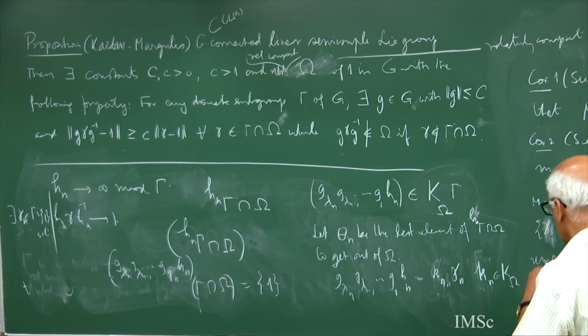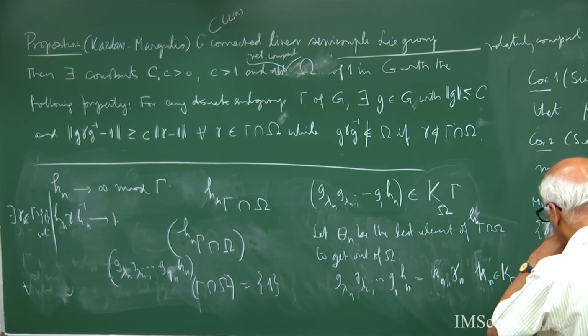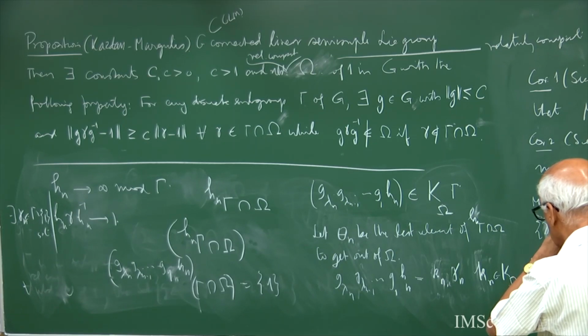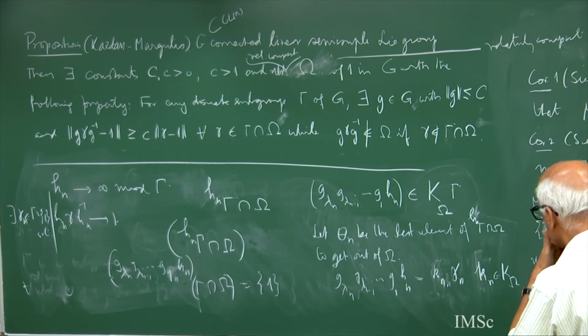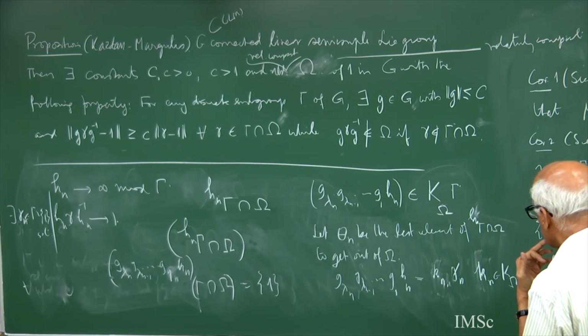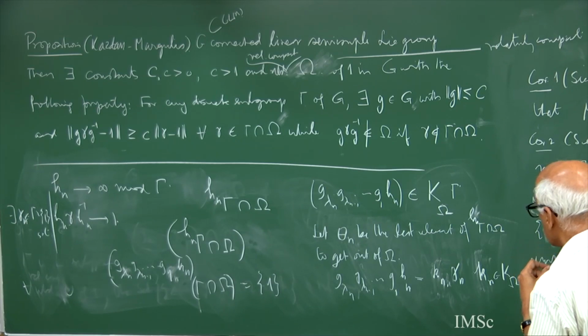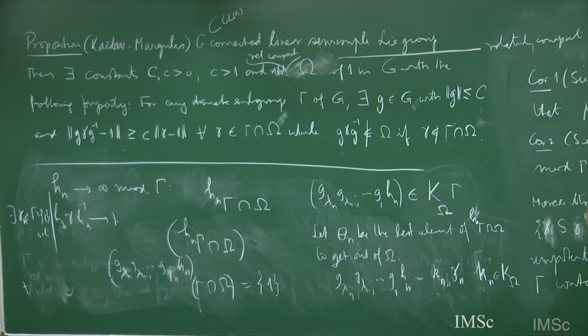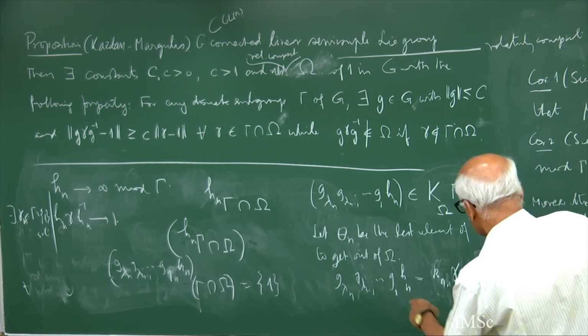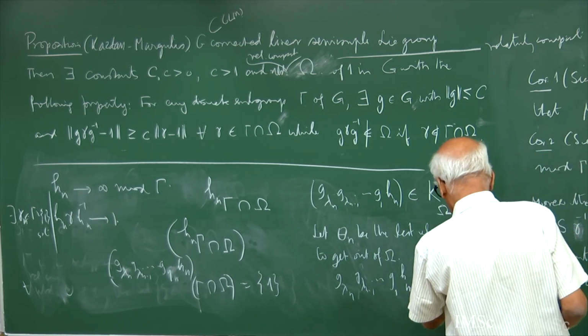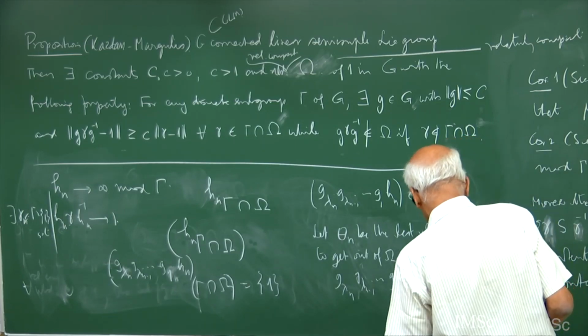Okay. Now kn, k omega. I'm getting a bit confused. Times Hn is in kn gamma n, kn in a compact set.